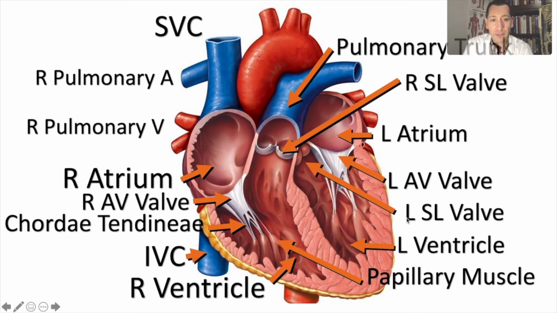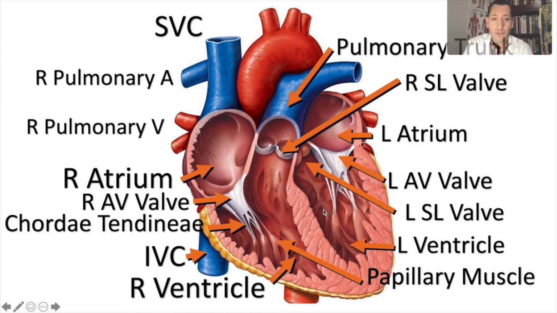These papillary muscles hold on to the chordae tendineae, and the chordae tendineae hold on to the atrioventricular valves. They don't really pull on them, so to speak. They don't pull to open anything. Really what they do is they prevent the valve from blowing backwards when there's increased pressure in these two ventricles.